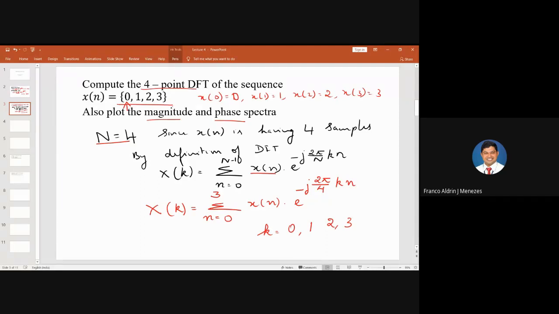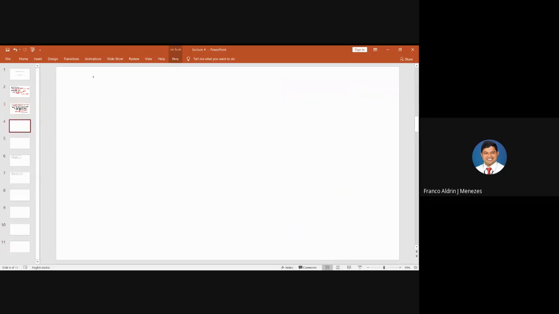So now the first step here is, after writing the definition and substituting the value of n, we will substitute the value of k, at this particular instant when k is equal to 0. So when we substitute k is equal to 0, what will be the summation term?